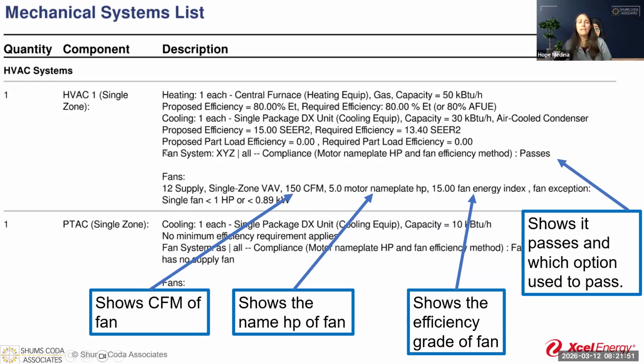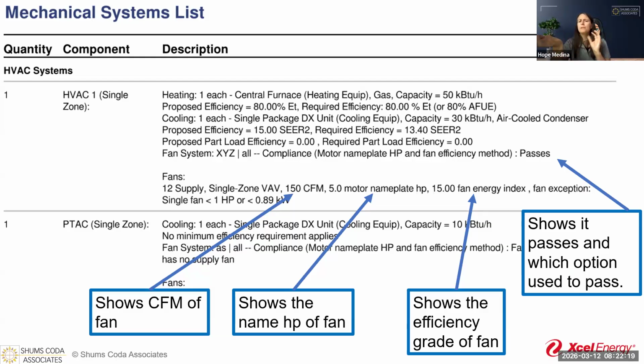So now we're going to break down what this is telling us. This first line here for the fan system of XYZ, you can see I like utilizing XYZ a lot because that's just easy for me, I guess. And then it says, we are going to utilize the motor nameplate horsepower option and fan efficiency method. Now, there is another one that can be the brake power horsepower option.